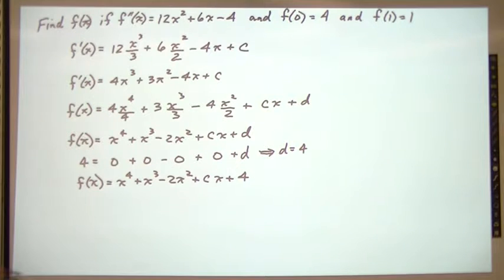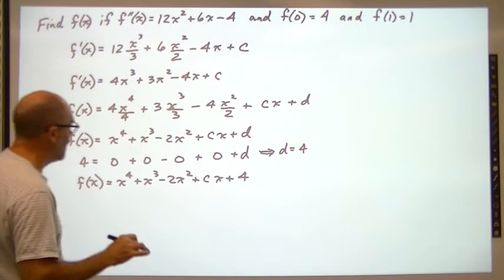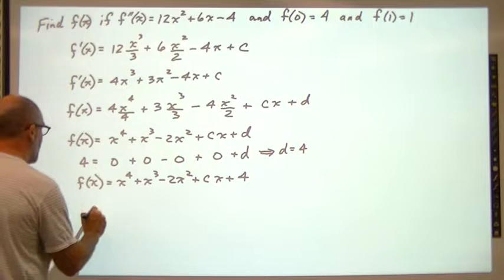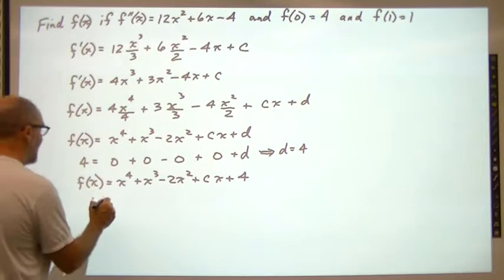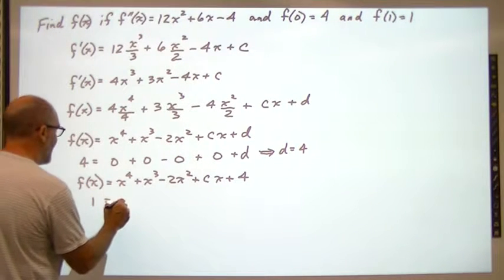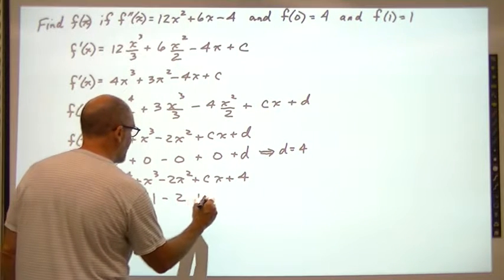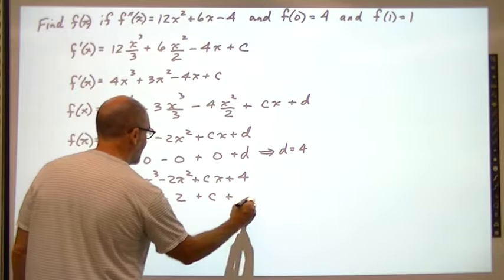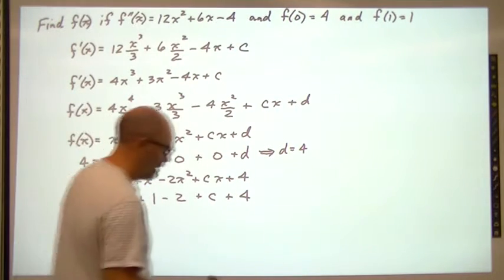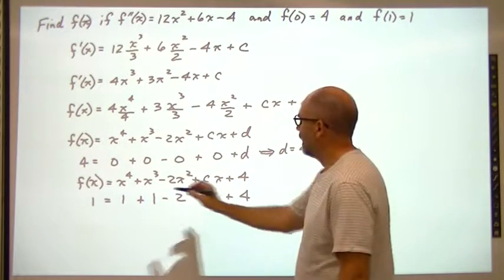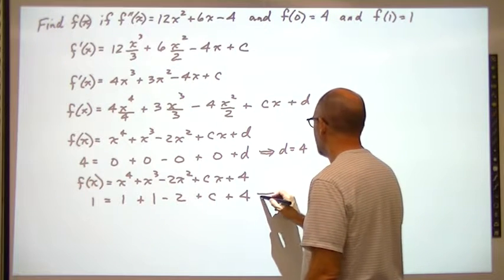Now, last thing, we know f of 1 equals 1. So what I'm going to do is I'm going to put 1 in for f of x, and I'm going to put 1 in for all the x's. So there's 1 plus 1 minus 2 plus c plus 4. Okay, now I have all numbers except for the c.